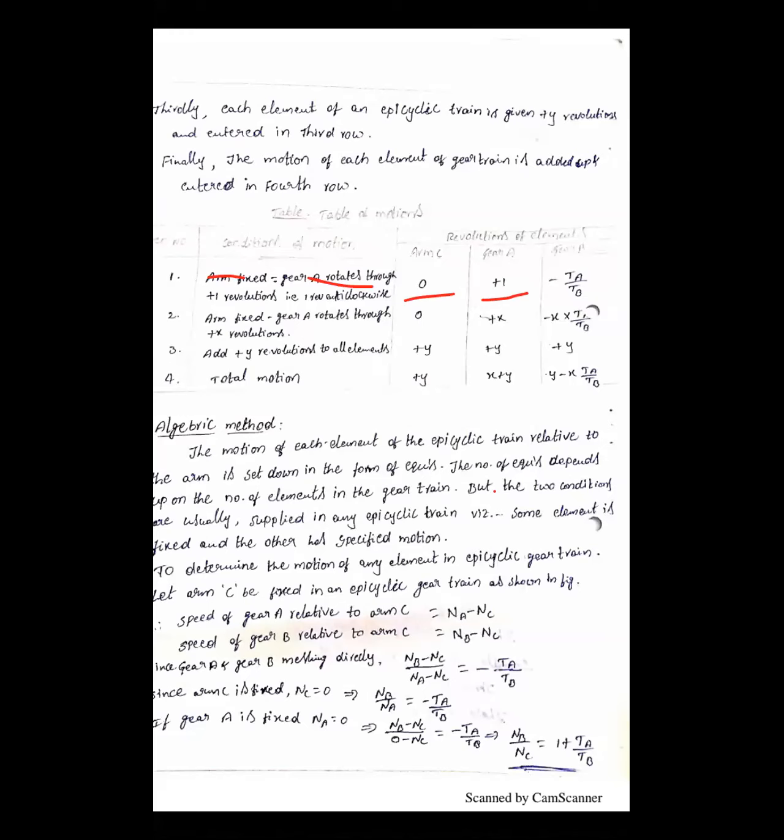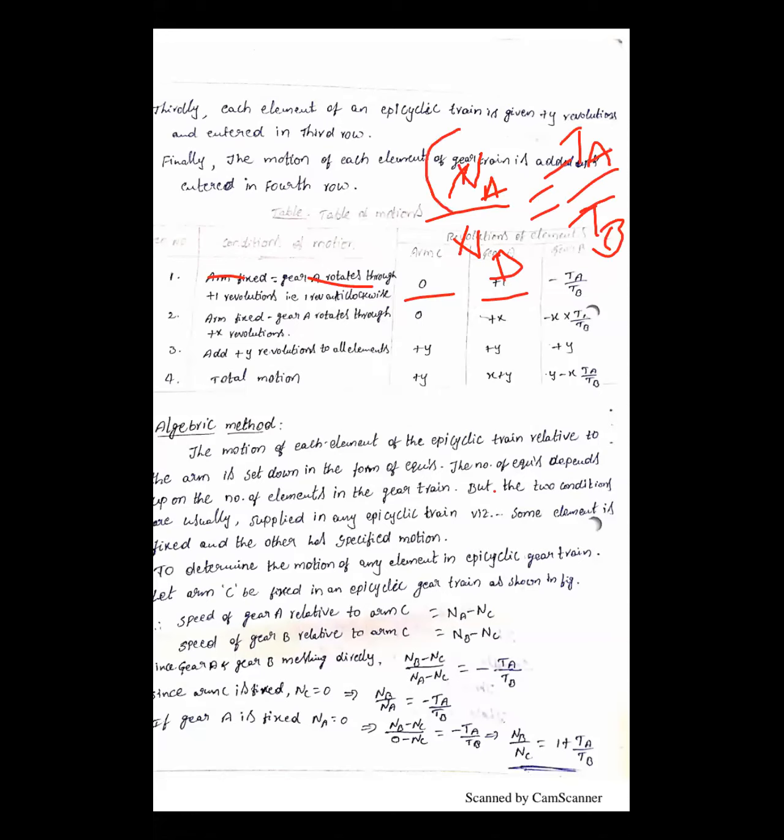That is the speed ratio: NA by NB equals TA by TB. Already we know the velocity ratio, speed ratio or gear ratio formula. In this, A is rotating plus one revolution, that means anti-clockwise direction. When the gear is rotating anti-clockwise, gear B definitely turns clockwise. So that's why we are giving the negative sign. So NB equals minus TA by TB, because NA is 1.